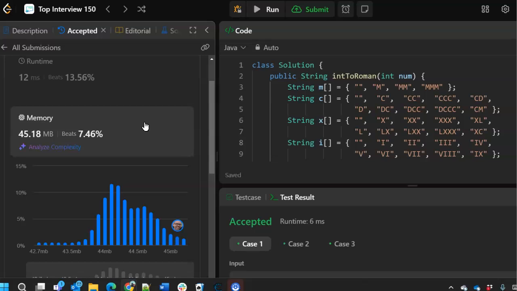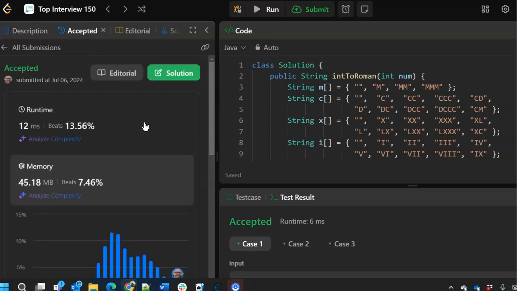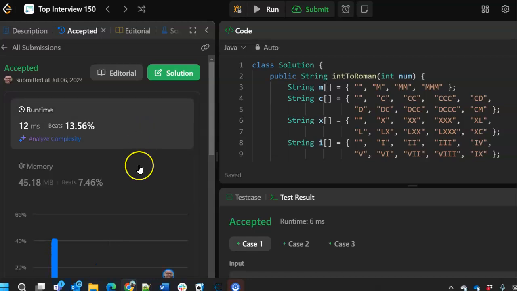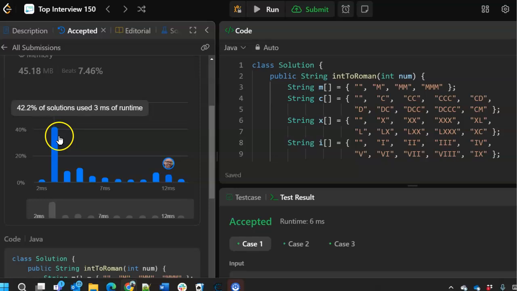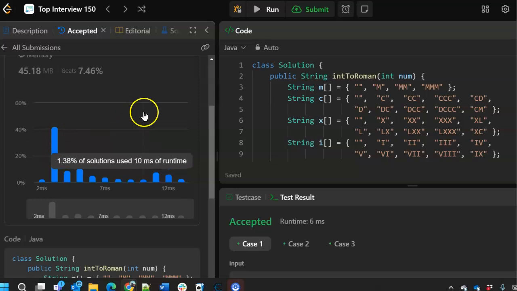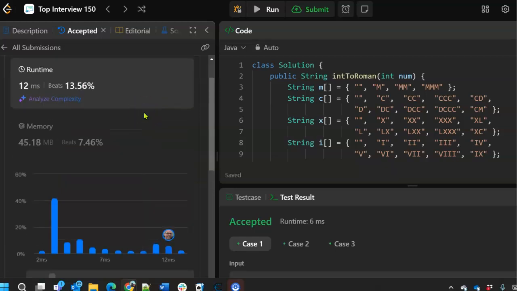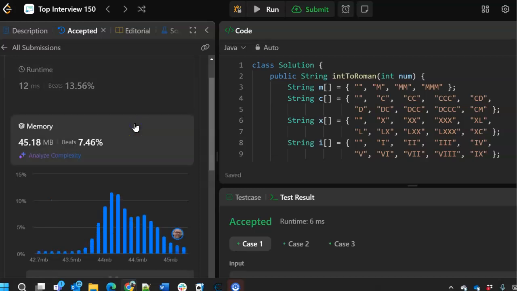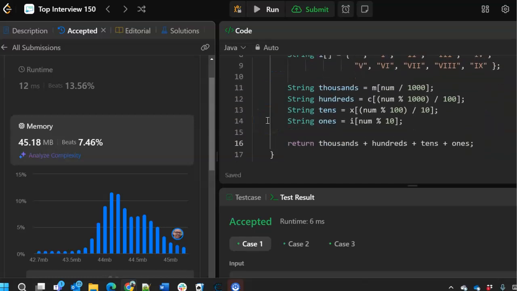But anyway, it still goes in the scorebook as a win, even though most people seem to be better in terms of time and memory. But I bet you their solution is uglier than this.